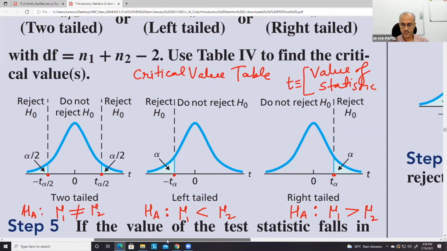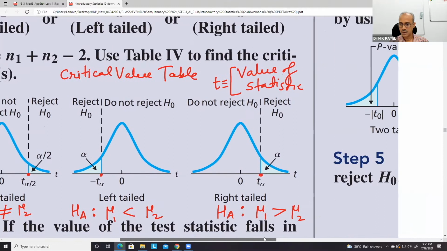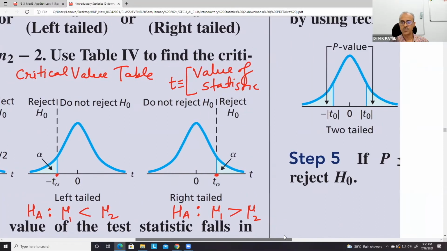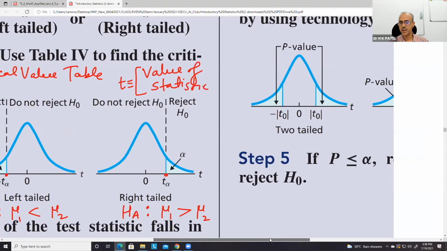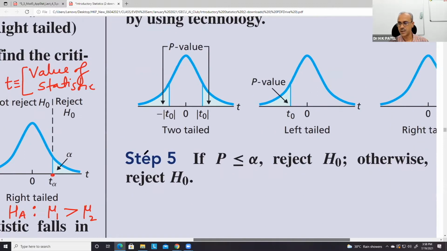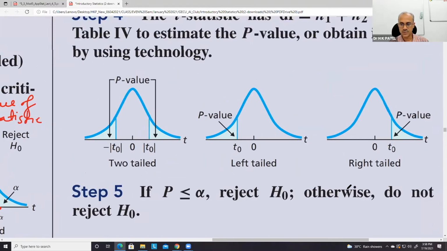Similarly, we have p-value approach. So we can again see the figures look very same, but these values are different.